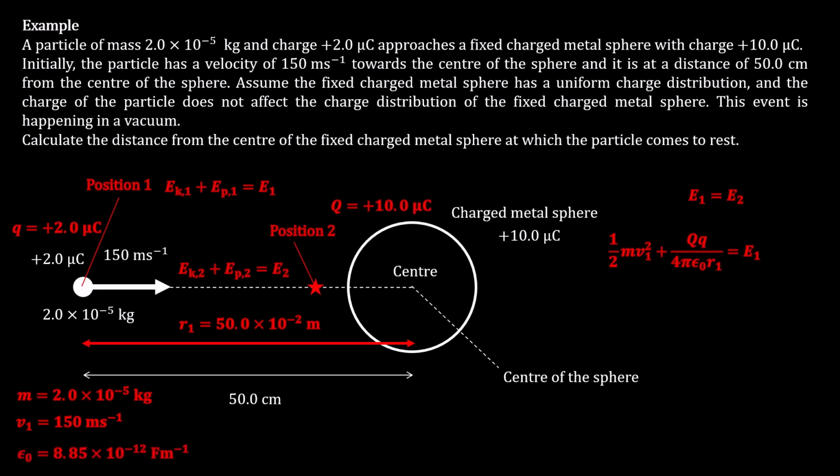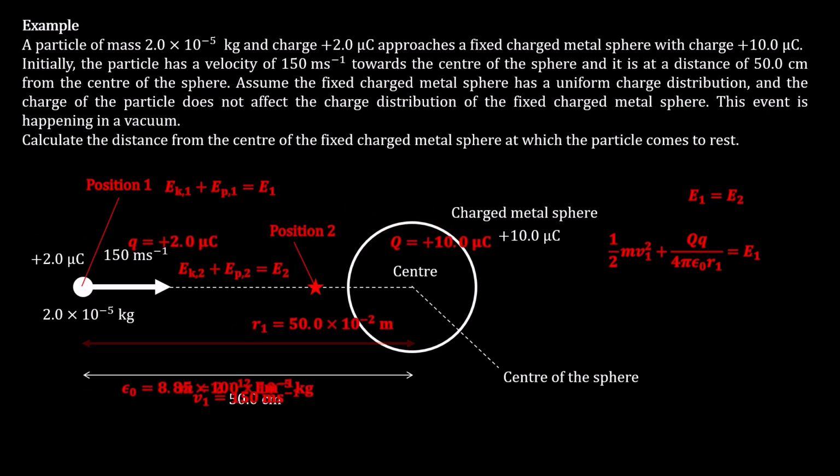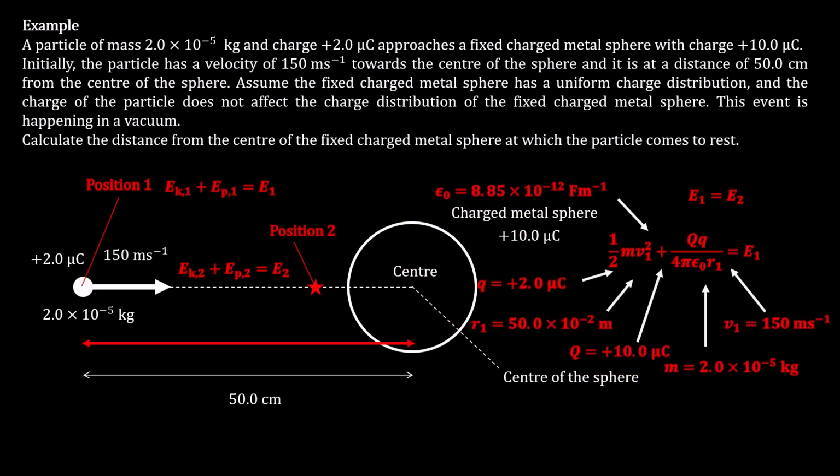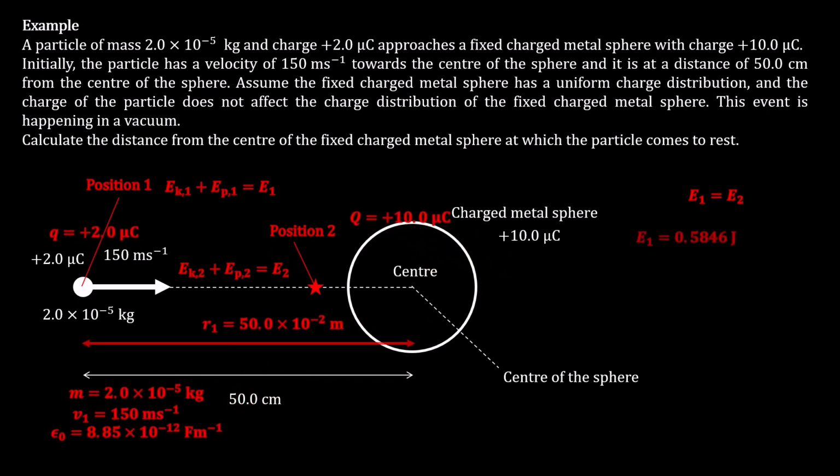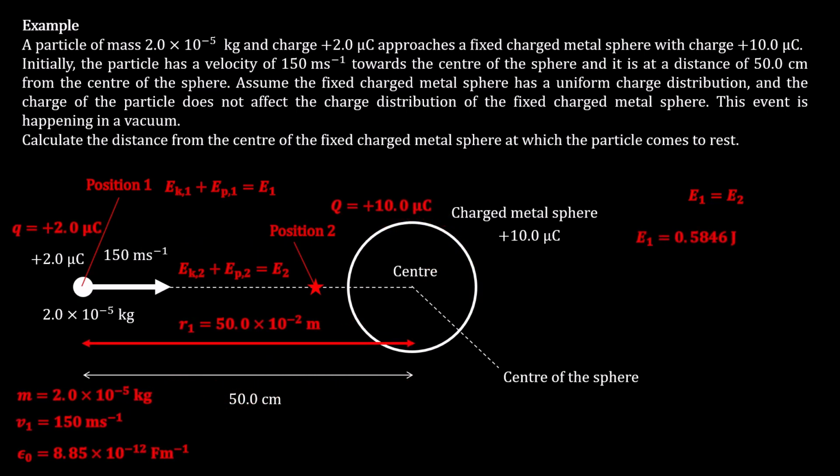And ε0 is the permittivity of free space, which is equal to 8.85 × 10^-12 farad per meter. If we take all these values and substitute into this equation, then we should obtain E1 as 0.5846 joule.